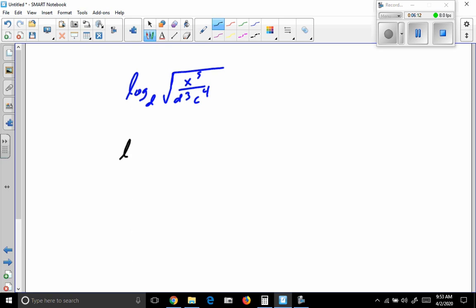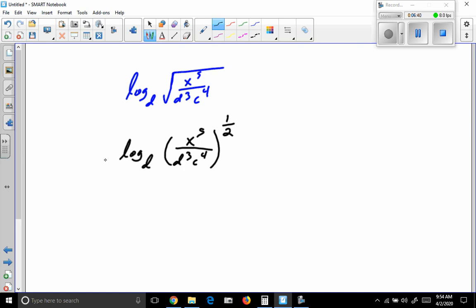First, we want to convert the radical to an exponent instead of leaving it as a radical. We could call this entire piece to the 1/2 power. We could call this x to the 5th over d cubed c to the 4th, and that's to the 1/2 power. And then we could bring that exponent out front.